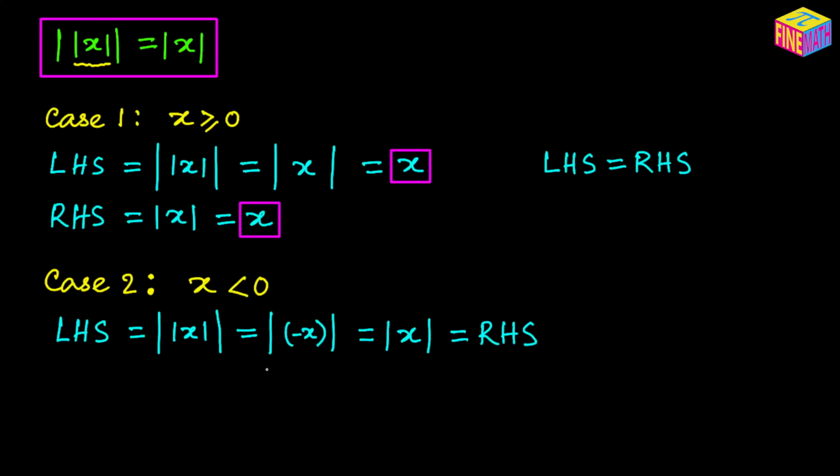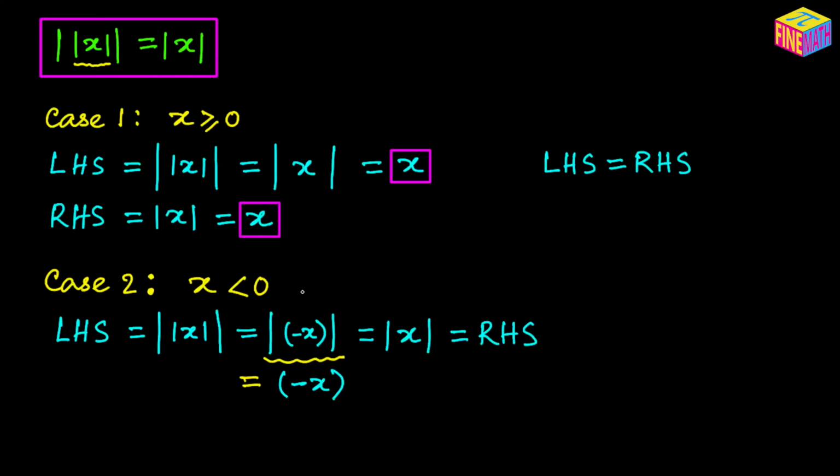Now if you want me to show it again, we can do it like this. Let me add a few more steps right here as a continuation of this step, right? Because x is a negative number, what is negative of x? Well, negative of x is actually a positive number then. And if it is a positive number, it is going to come out exactly like how it is within the modulus sign.